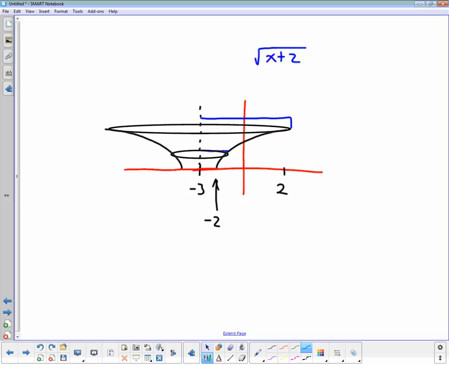At 2, it should be 5, right? Yeah, that's it. Minus a -3.